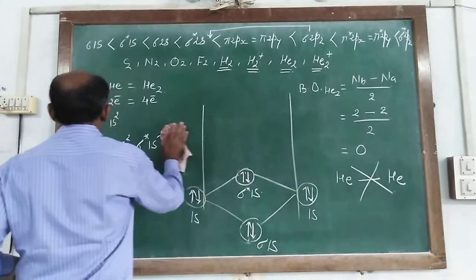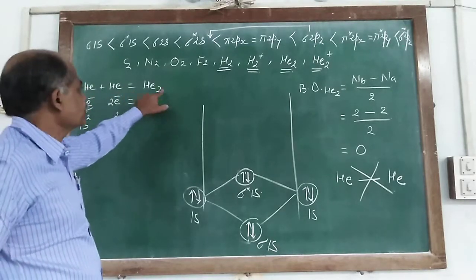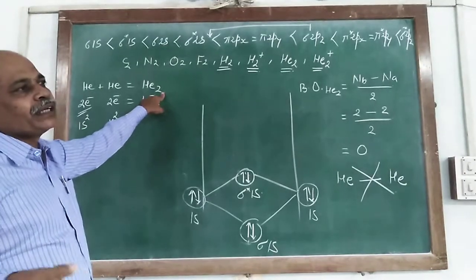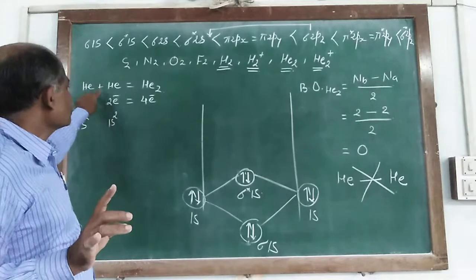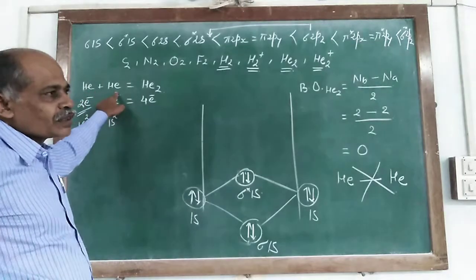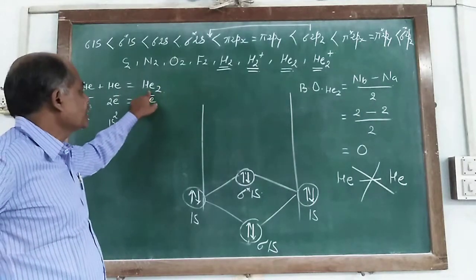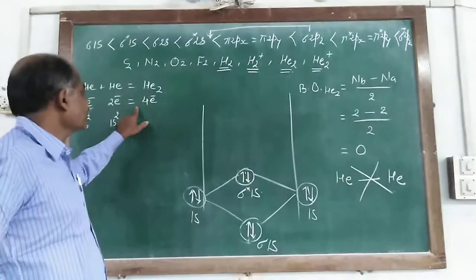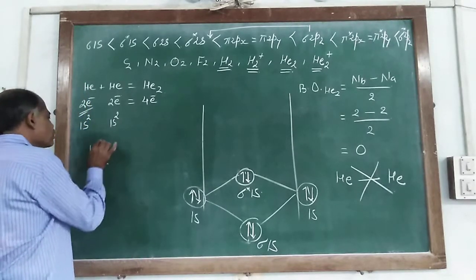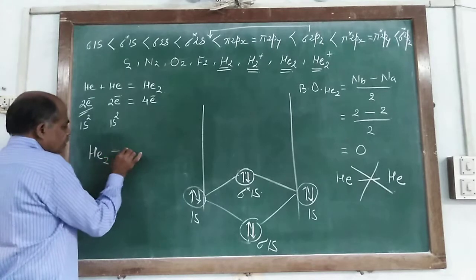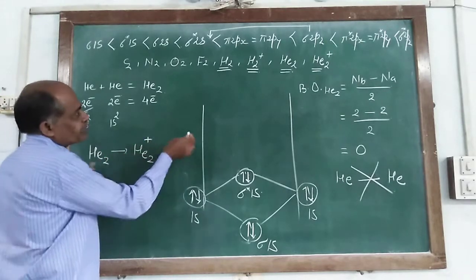The He2 plus forms similarly to H2 plus. First two helium atoms link to form the He2 molecule, and then from the He2 molecule it loses one electron to form the He2 plus ion.